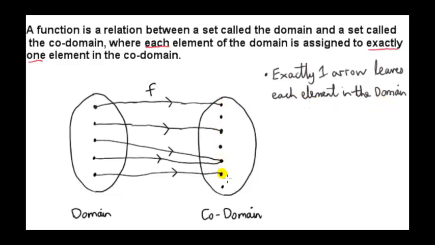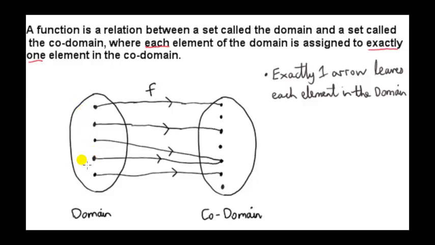Now notice that there are elements in the codomain that don't have an arrow pointing to them, and that's allowed. I haven't given names to these elements, but that's not too relevant here. We're just looking at the general picture of a function. Let's suppose that we give a name to this element here.